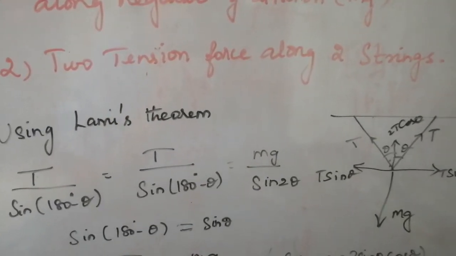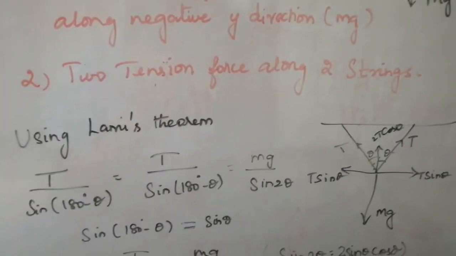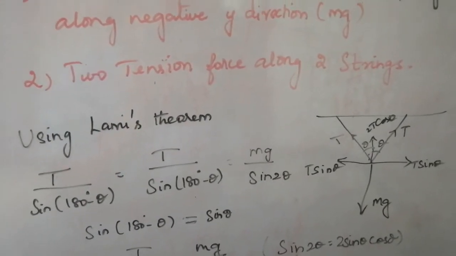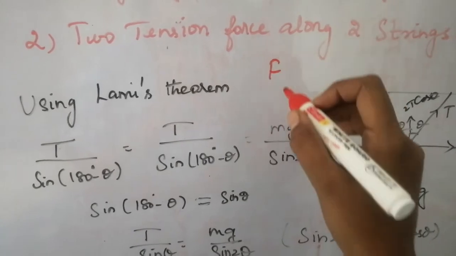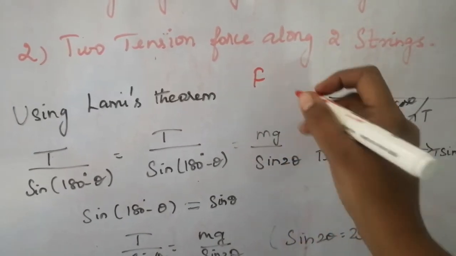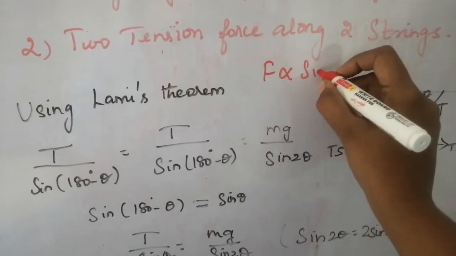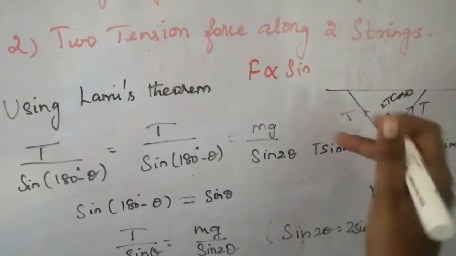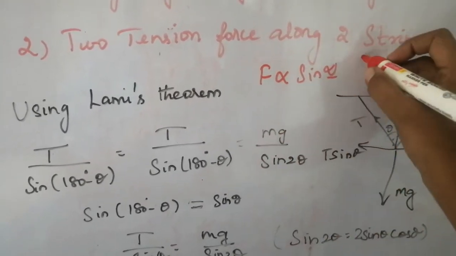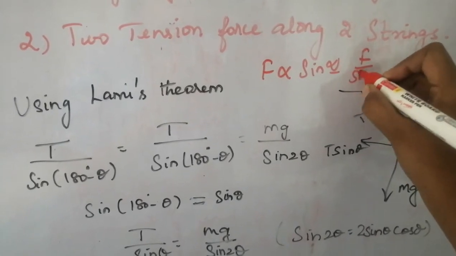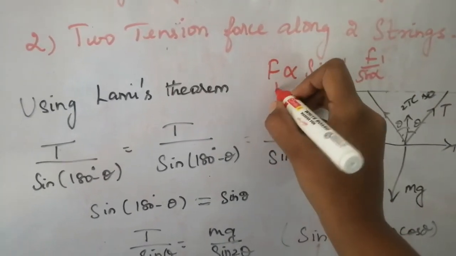So what is it according to Lami's theorem? The magnitude of one force is directly proportional to the sine of the angle between the other two forces. This can also be written as F1 by sine alpha.